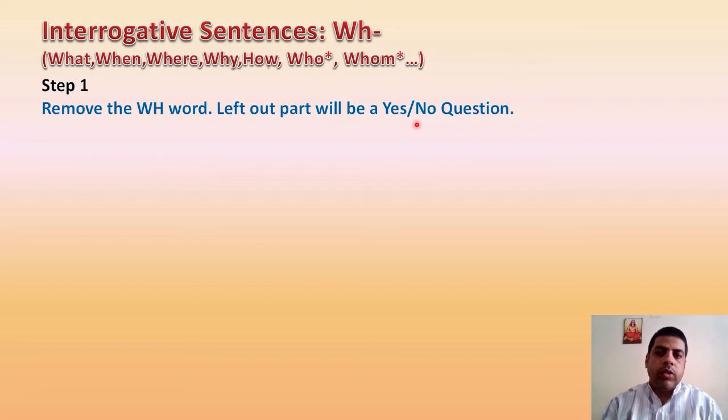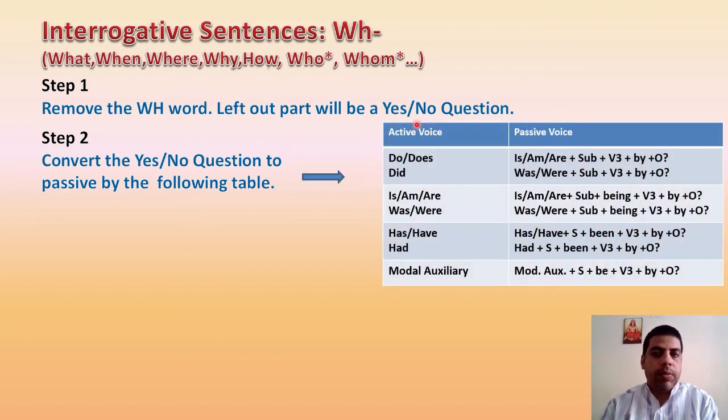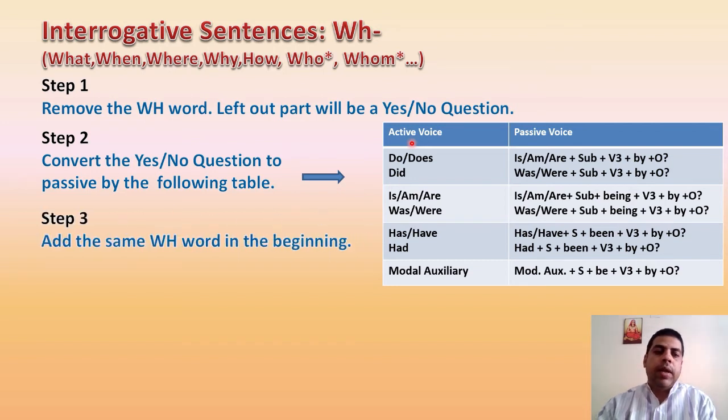Step 2: once you have your yes/no question, convert that to passive, by the formula we have learned a little before. With the help of the table, you will be able to convert the interrogative sentence to passive voice. Step 3: bring back the same WH word to the beginning and put the question mark.